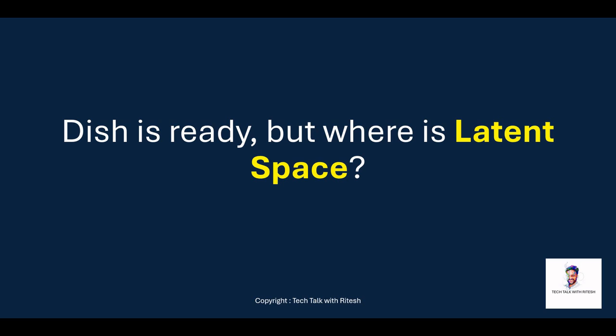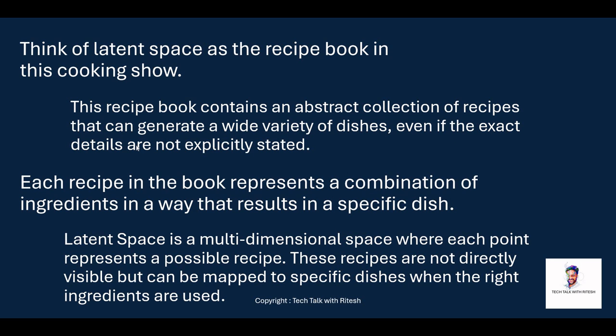Okay, so the dish is ready. Where is the latent space? Think of latent space as the recipe book in this cooking show. So remember, this latent space is nothing but that recipe book which has so many recipes. This recipe book contains an abstract collection of recipes that can generate a wide variety of dishes even if the exact details are not explicitly stated.